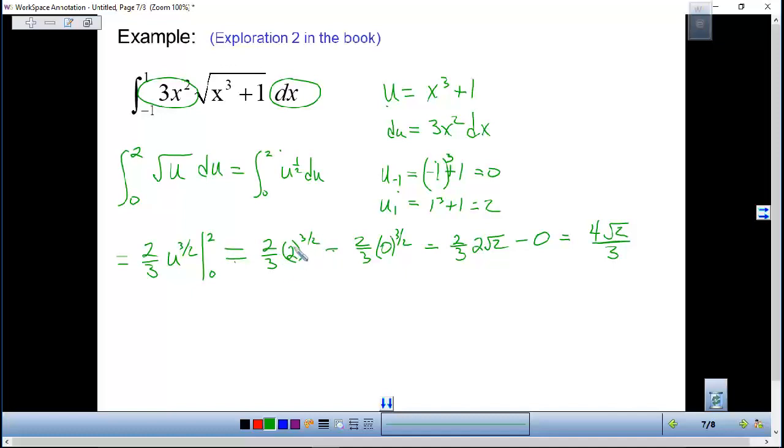Or you can raise 2 to the 3rd power and get 8, and then take the square root of that, which simplifies down to 2 square roots of 2. Either way, you're going to get 2/3 times 2 square roots of 2 minus the 0 from this one, and then when you multiply that out, you end up with 2 times 2 gives you 4 square roots of 2 over 3. So there's your answer.